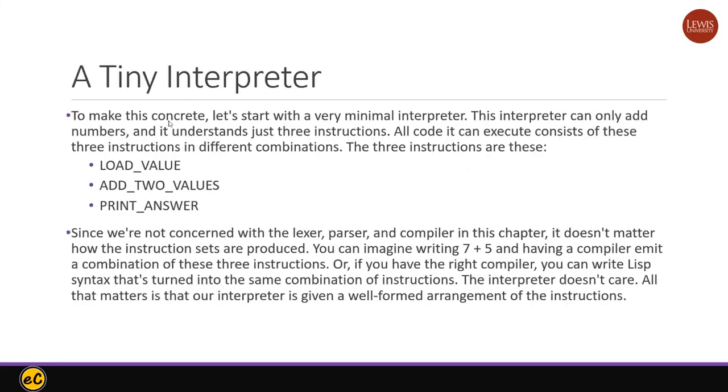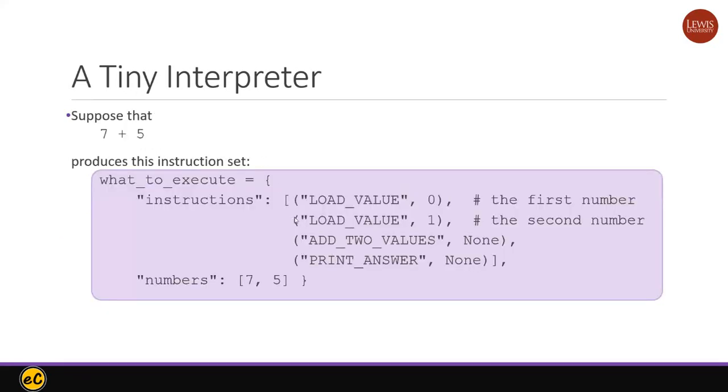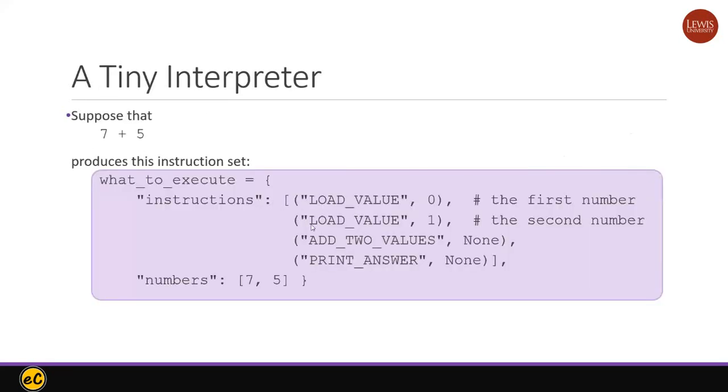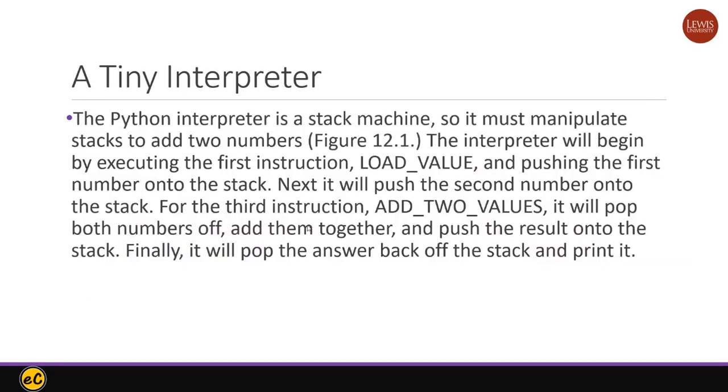So here we are talking about the machine code and how the interpreter will run it. Okay, so basically, it's talking about these different things. The executable dictionary. Okay, it actually is a dictionary, including instructions and numbers.